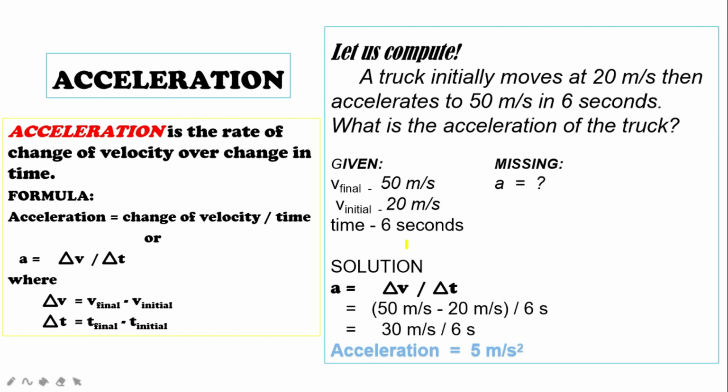Missing acceleration. Solution: we are going to use this formula for the acceleration. 50 meters per second minus 20 meters per second divided by 6 seconds. So 30 meters per second divided by 6 seconds, acceleration is equal to 5 meters per second squared.